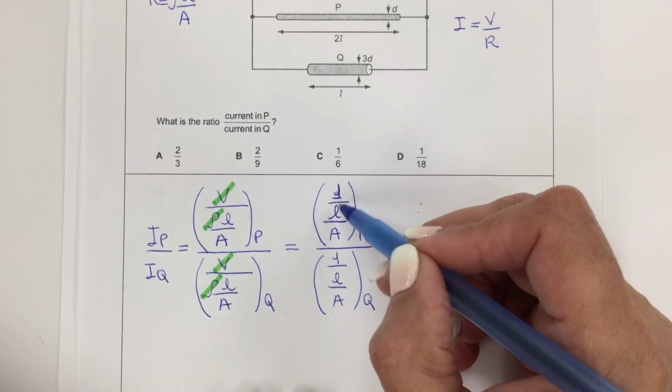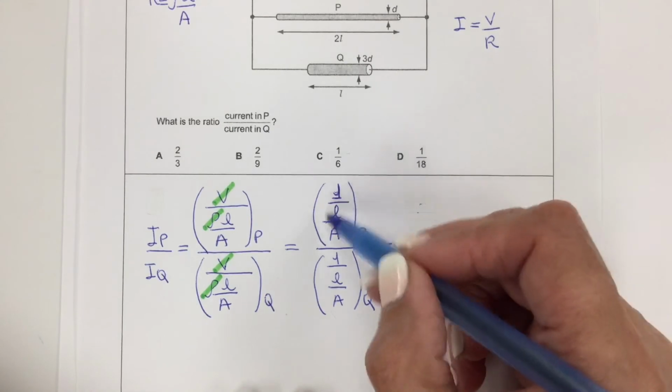Here I have a numerator over a fraction. So I'm going to flip this fraction.